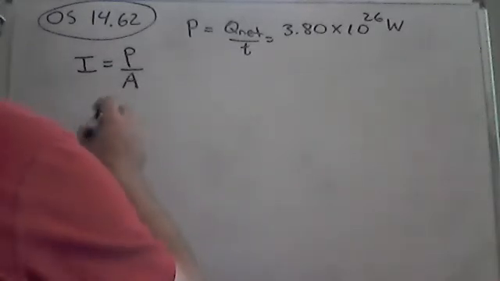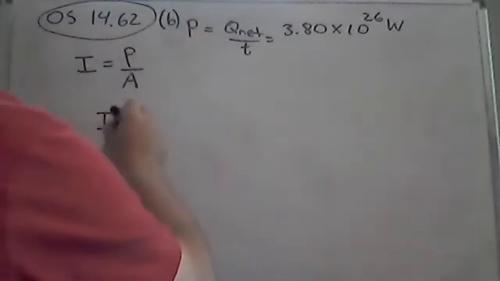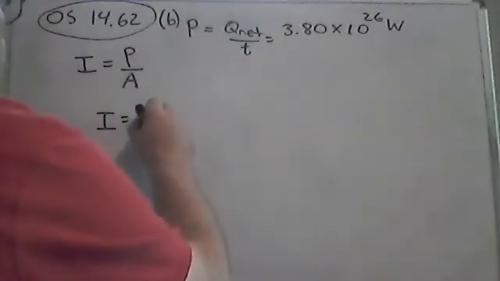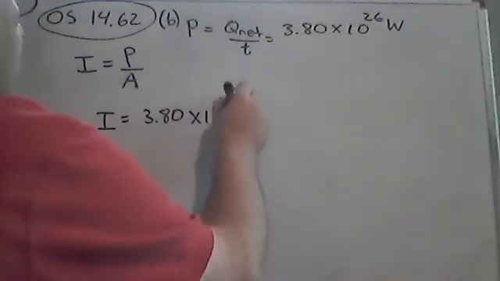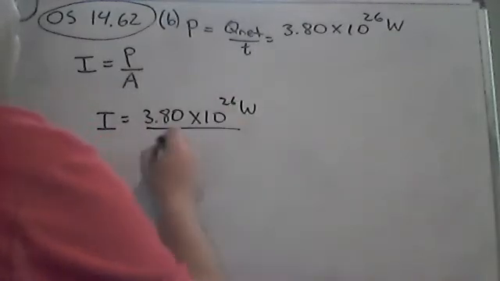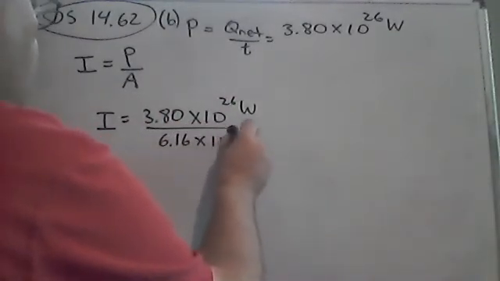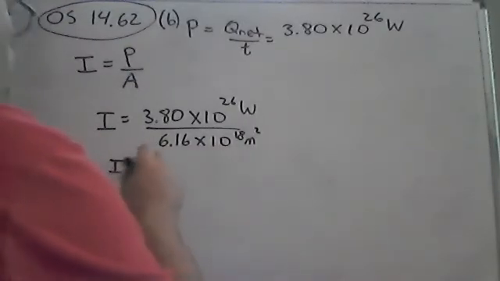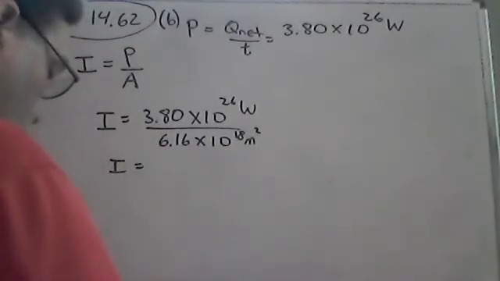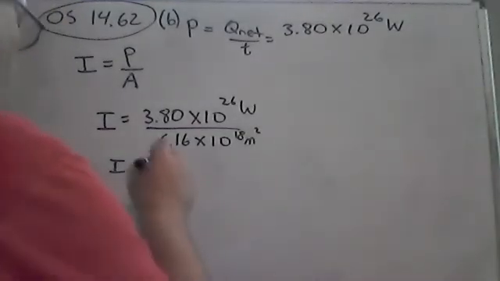This is a very short part B. It's going to be this power, 3.80 times 10 to the 26 watts, divided by 6.16 times 10 to the 18 meters squared. We'll find out that the intensity at the surface of the sun is huge.